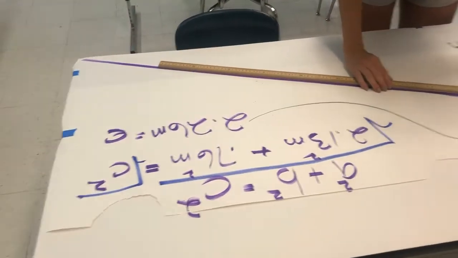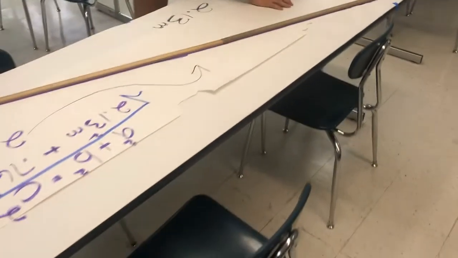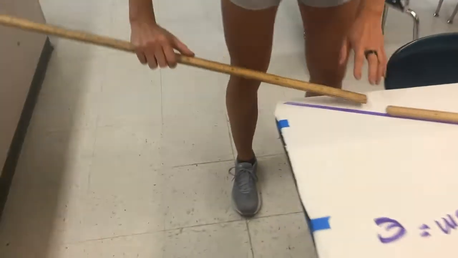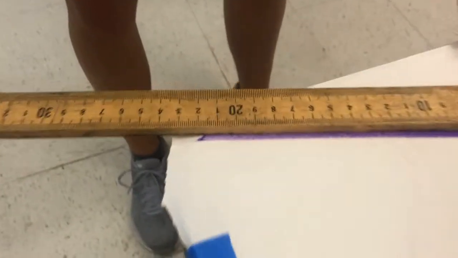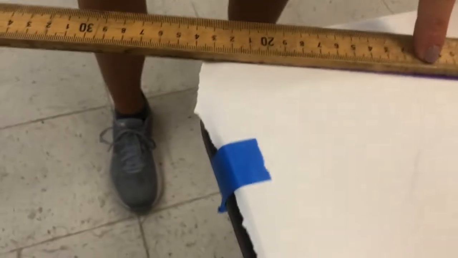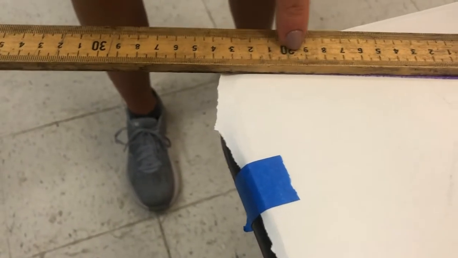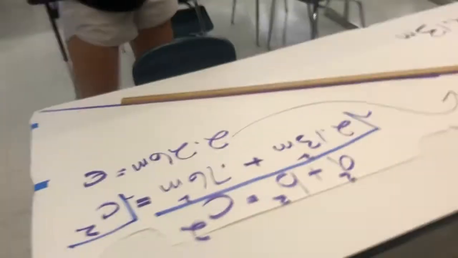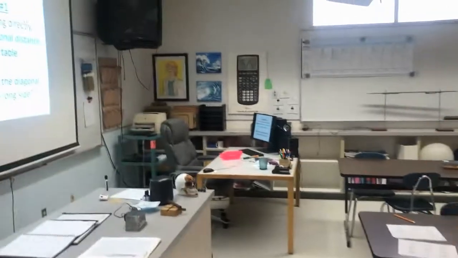That's 2 meters. Nice. So 2 meters, 2.1, 2.2, and then we're almost to 6. So we actually almost got 2.26 meters. Sweet.